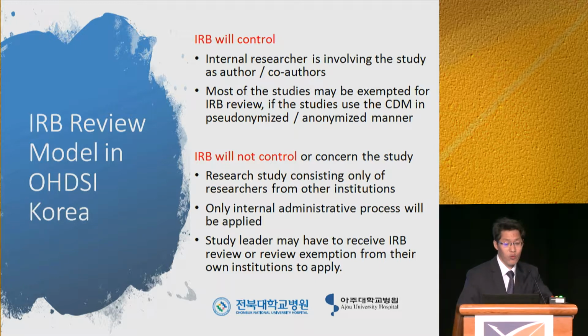And IRB will not control when the research study only consists of researchers from other institutions. That means when some research requests come from other hospital and the hospital only joins as data partners, then they will not require any IRB review or IRB exemptions.